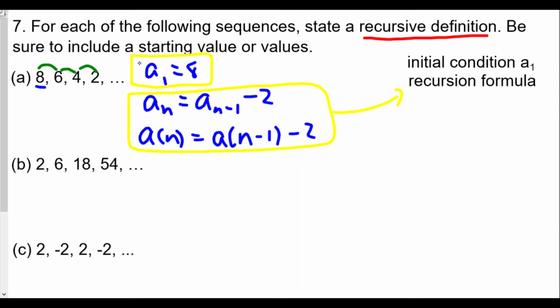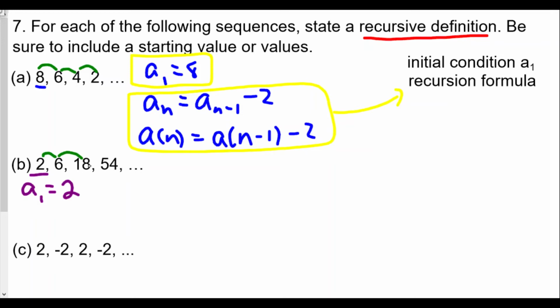And now let's take a look at the second one, and we see here for the second one, our initial condition is going to be 2. Again, initial condition is usually pretty okay. It usually tells the first one, but now we got to figure out how we're going to find the next term. Well, from 2 to 6, it looks like adding 4, but I don't add 4 to get to 18.